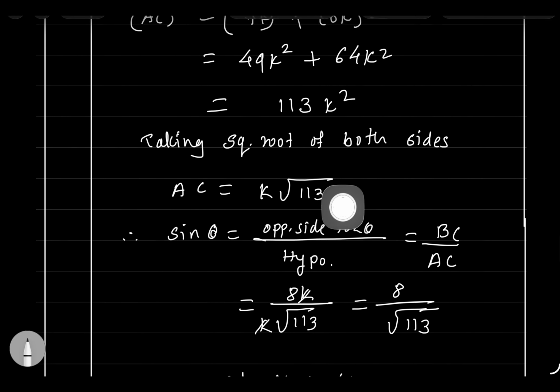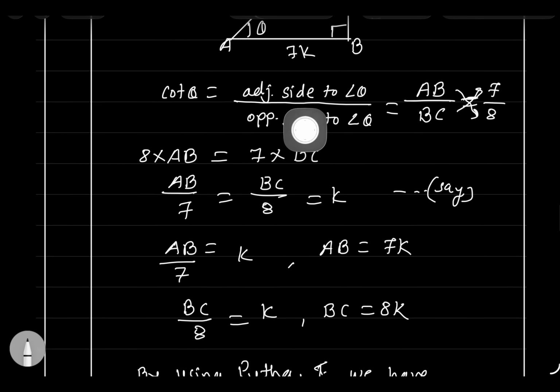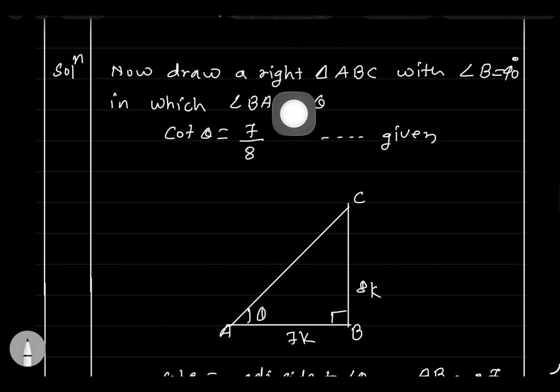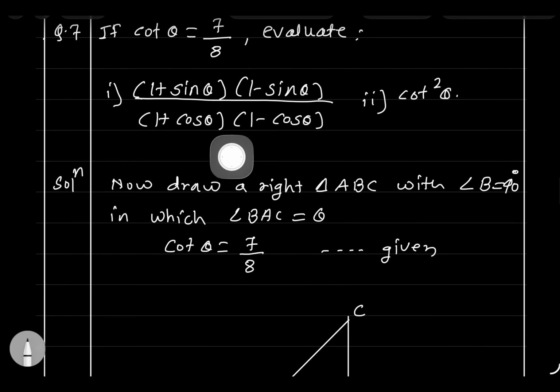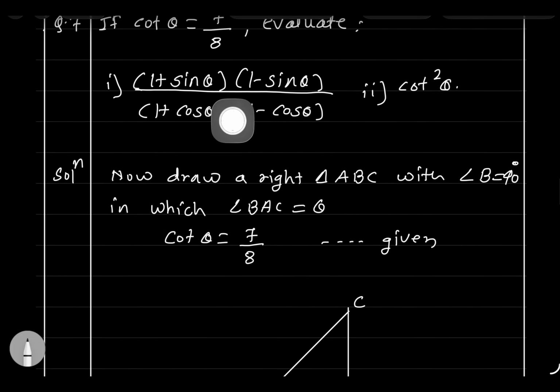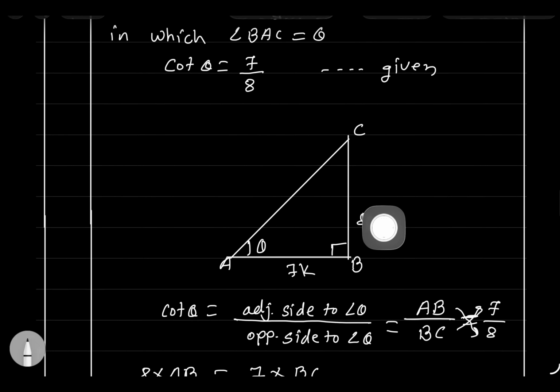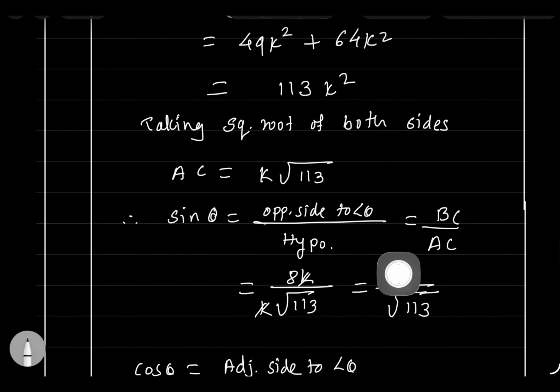Now we have to put the values of what they asked in the question. We should know sin theta and cos theta, since cot theta is already given, so we can put those values and solve.